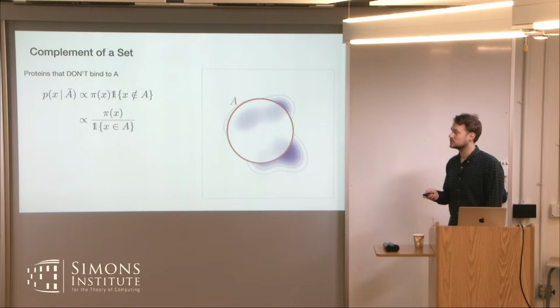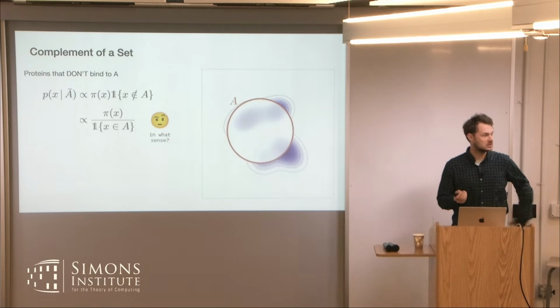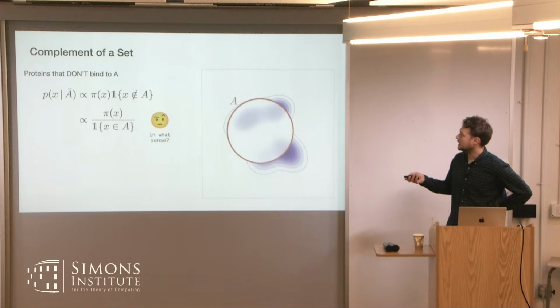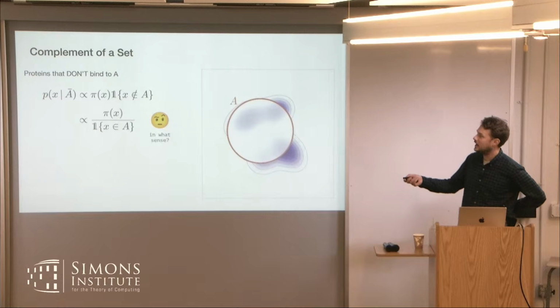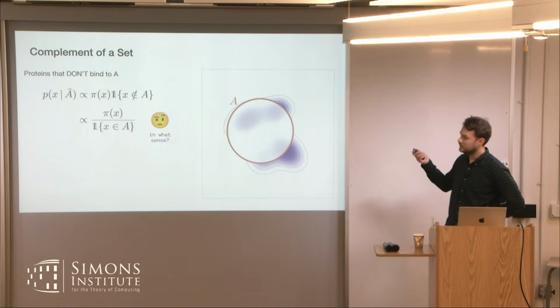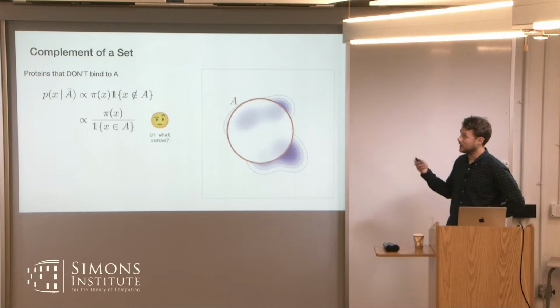And this is a good moment to raise your eyebrows and ask, in what sense? Why is it possible? Intuitively, I can tell you that if we divide by 0 and it becomes infinity, after the renormalization the infinity can become a normal value.